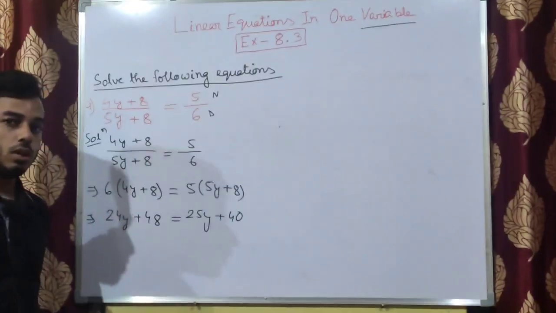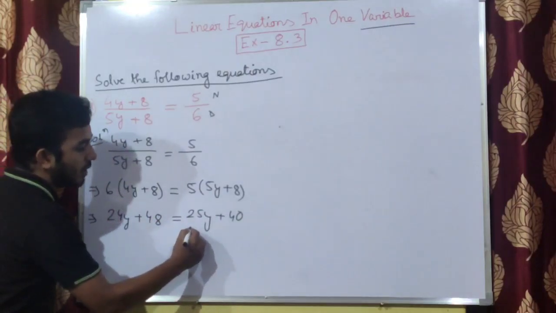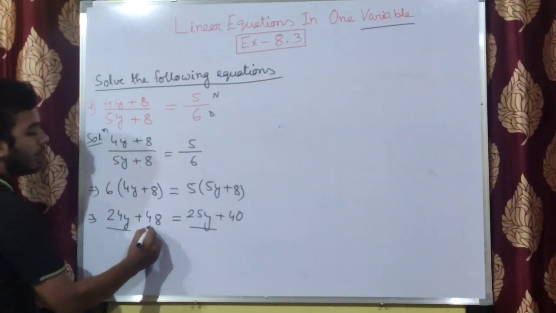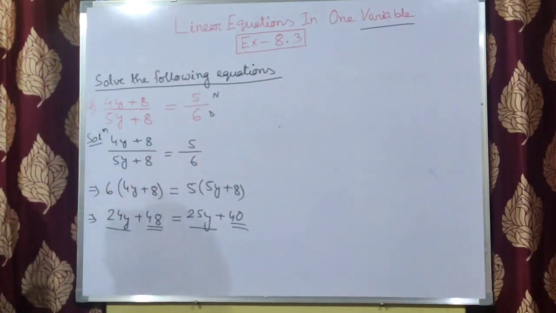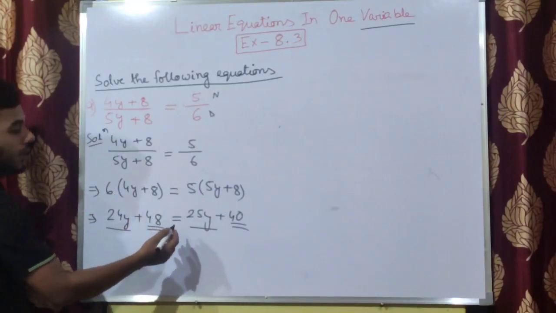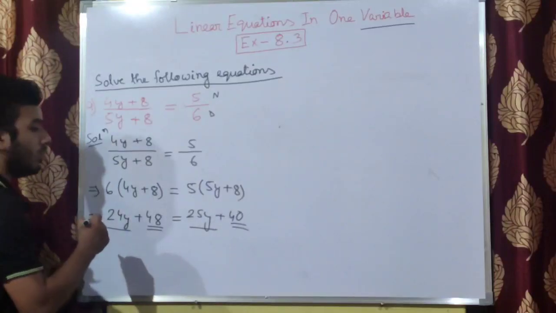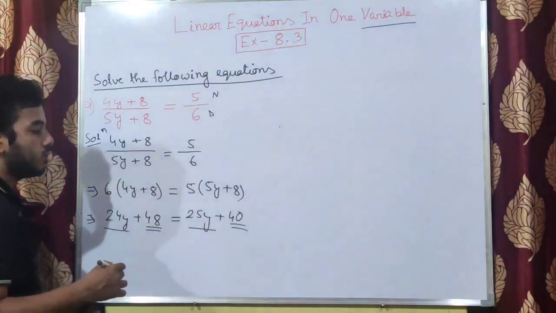Now what we have to do? This 25y is a variable, this 24y is also a variable, and this is a constant. So we will bring variables to one side and constants to the other side. This method is known as the transposing method.